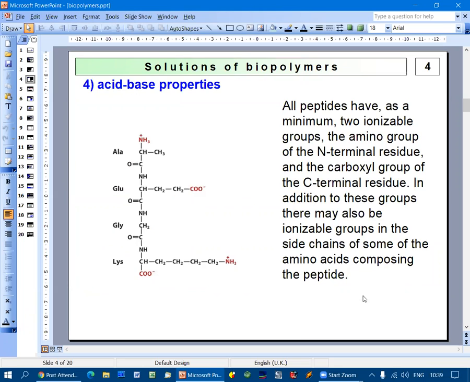It's important for DNA and RNA as well, because in DNA and RNA, the centers of basicity are nitrogen atoms in the residues of nucleic bases, and the centers of acidity are the residues of phosphoric acid that link nucleotides.